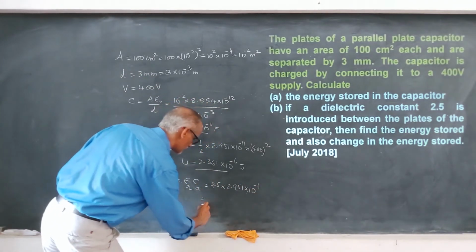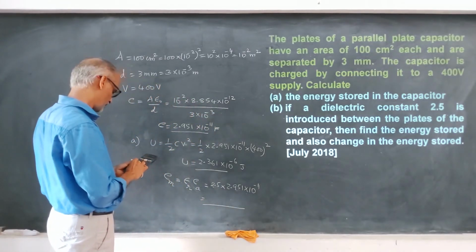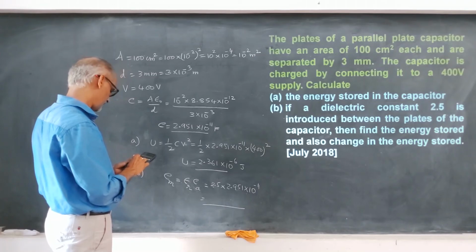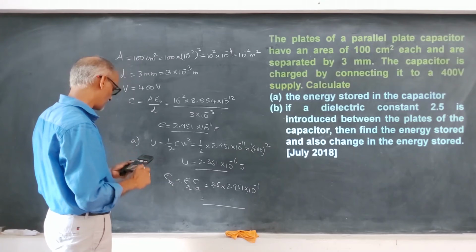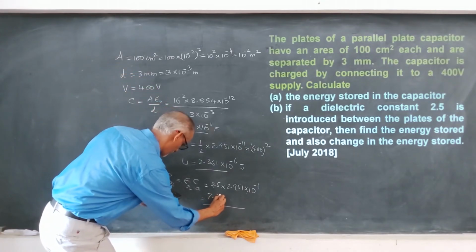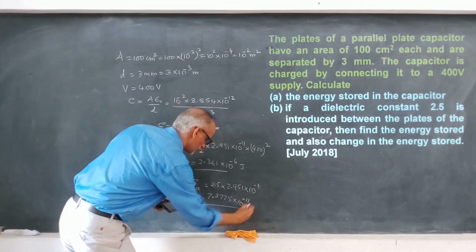Okay. So, let us find this new capacitance now. That is 2.5 into 2.951 into 10 to the power minus 11, and we will get that value to be equal to 7.3775 into 10 to the power minus 11.